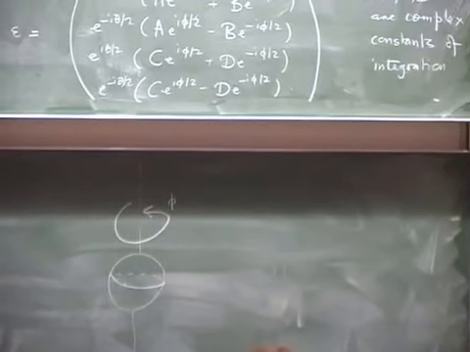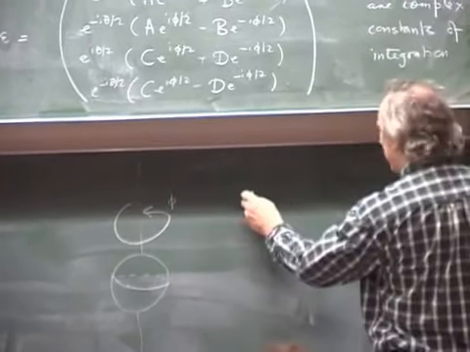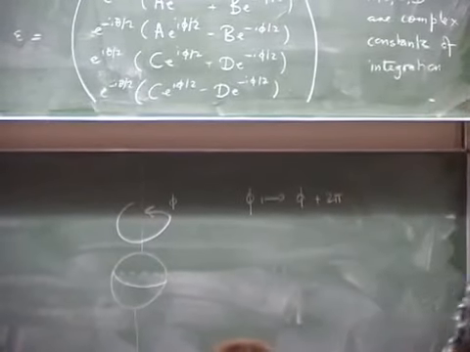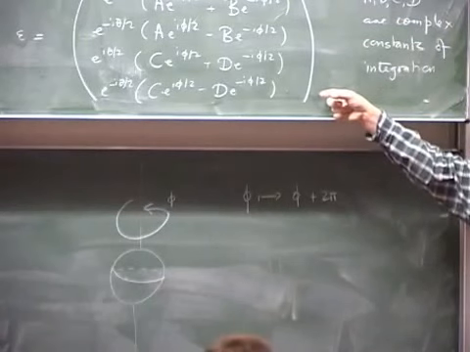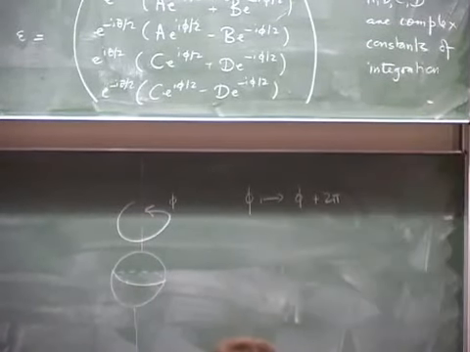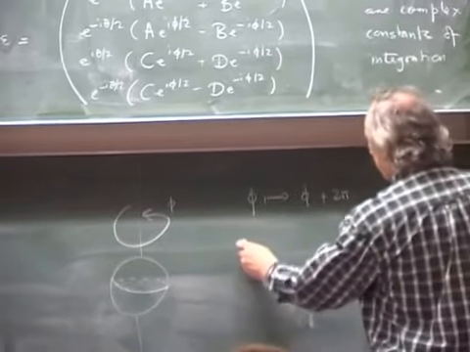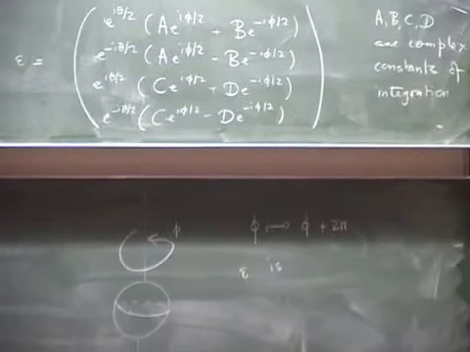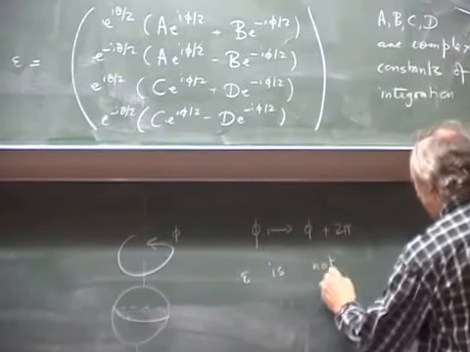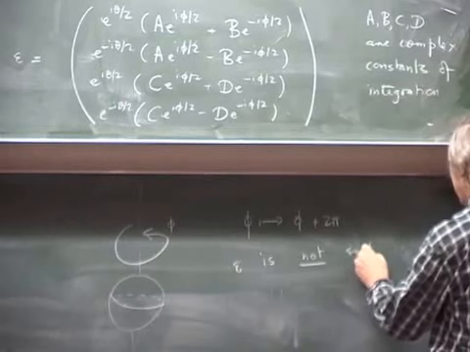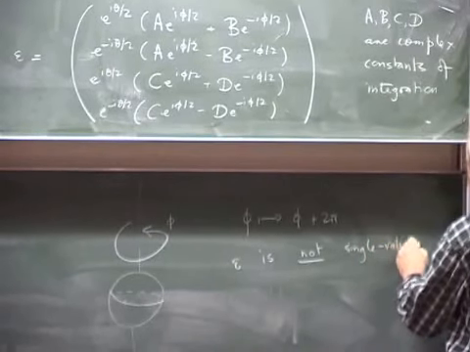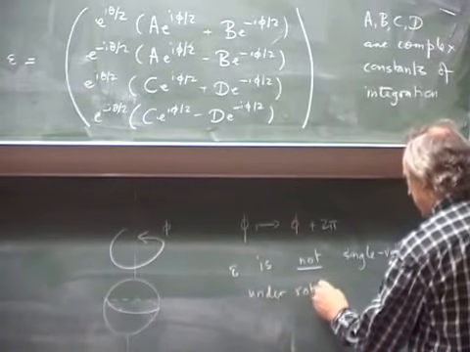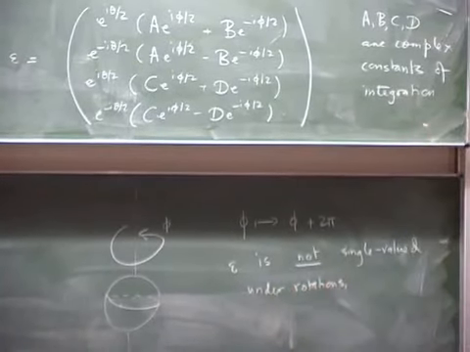So, if you send phi to phi plus 2 pi, you end up at the same point that you started off from. But each of these functions here will change sign. So epsilon is not single valued under rotations, but rather double valued.